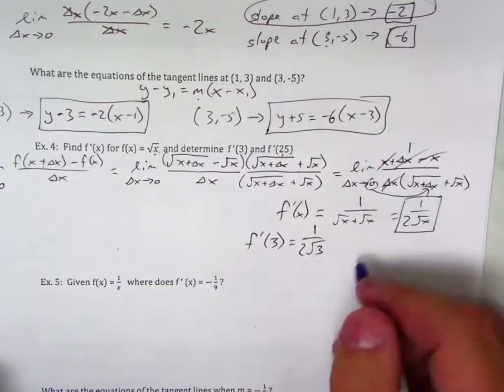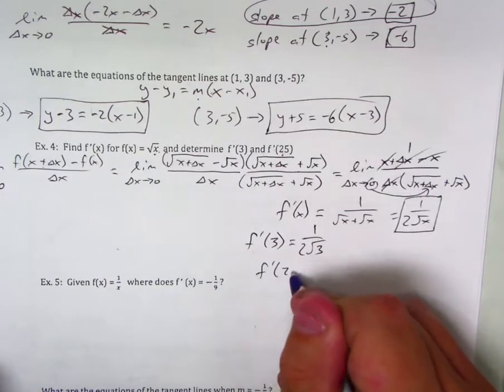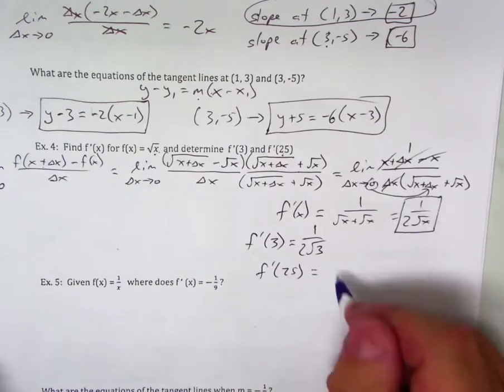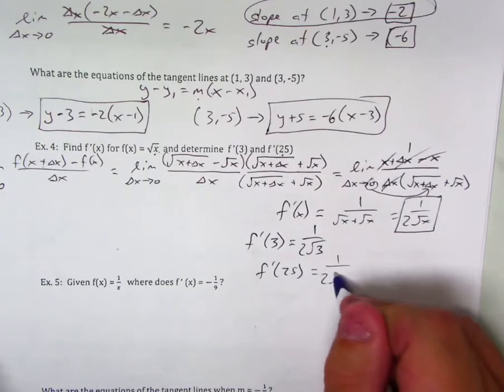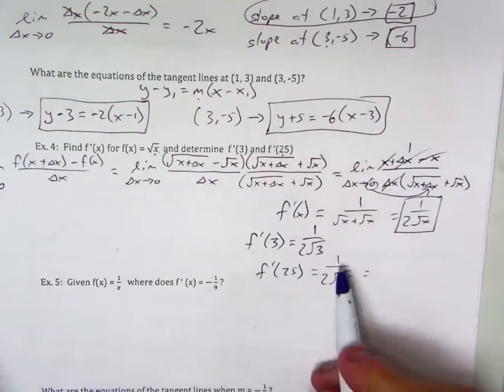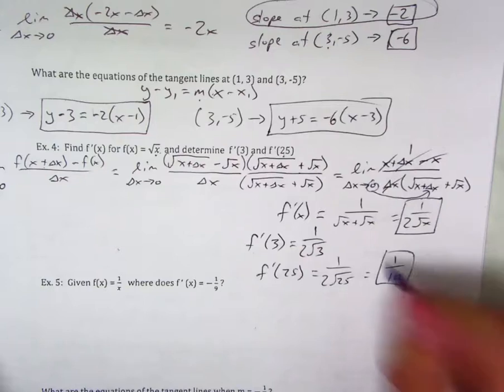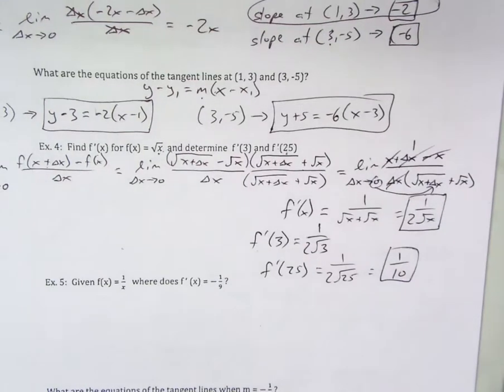And let's find f prime of 25. So 1 over 2 times square root of 25. So 1 over 2 times 5, so 1/10. That's the slope of the tangent line at x equals 25. So we're finding derivatives and using them to find slopes.